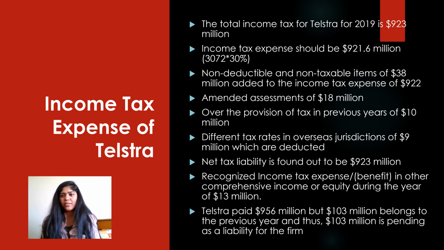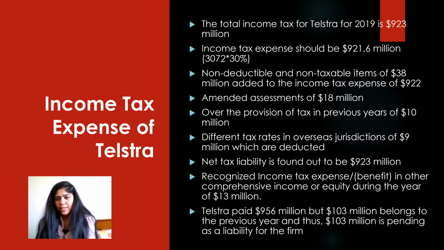Income tax expense should be $921.6 million. Non-deductible and non-taxable items of $38 million are added, giving an income tax expense of $922 million. Amended assessments of $18 million are offset by the over-provision of tax in previous years of $10 million.